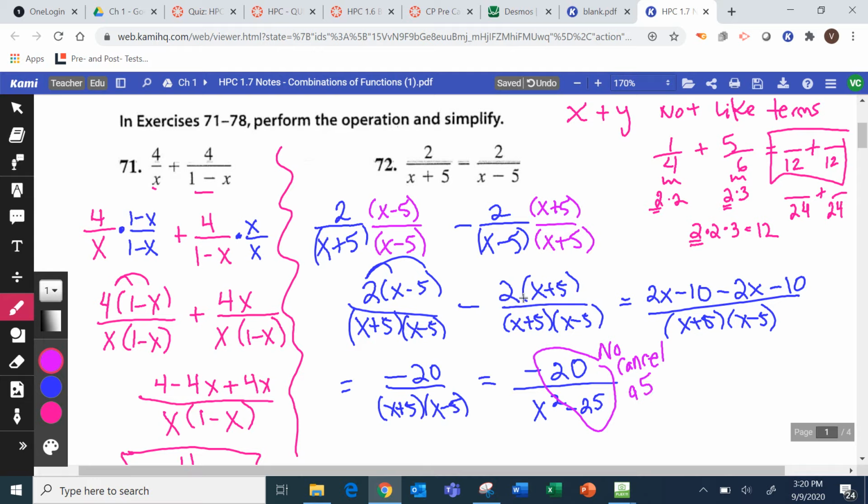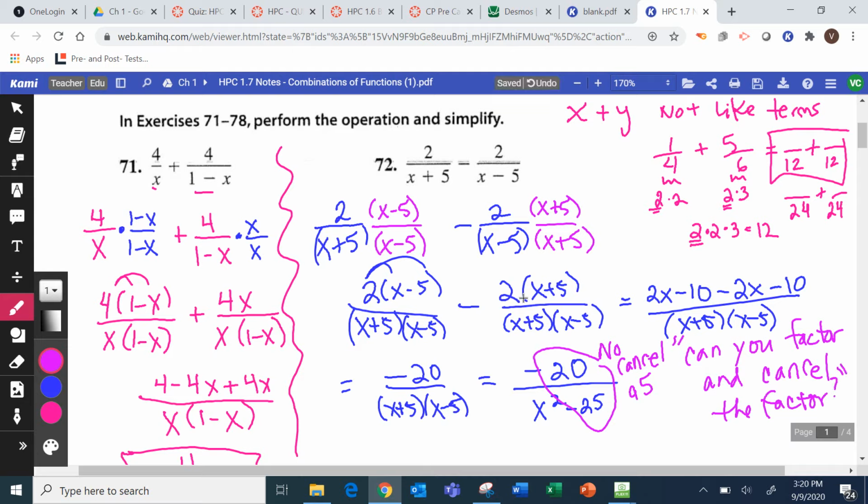And I'm seeing this on assessments and assignments where people are canceling 5s. You can't do that. The rule is, can you factor and cancel the factor?